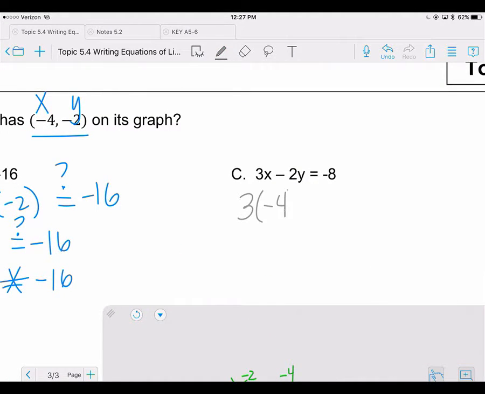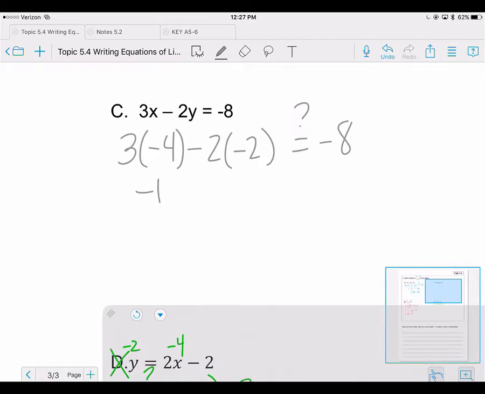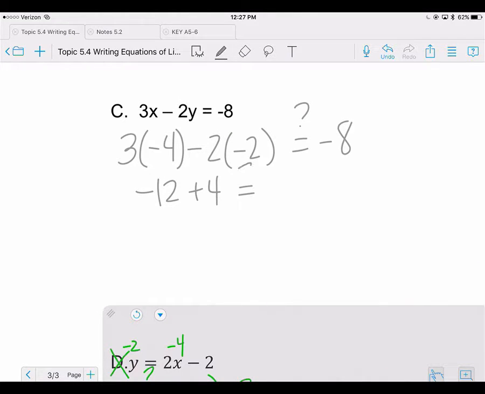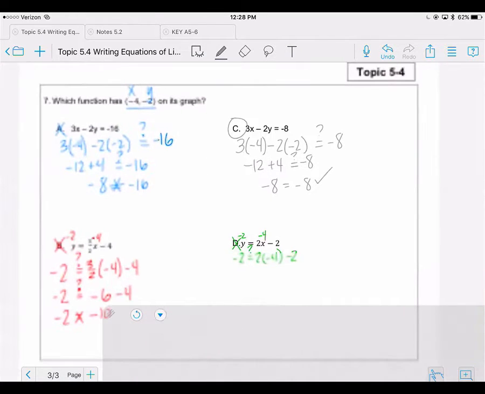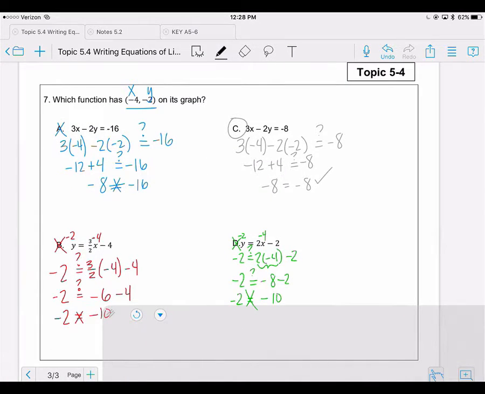So negative 4, negative 2, does this equal negative 8? So negative 12 plus 4 is negative 8, which does equal negative 8, so C is my correct answer. Now, another thing you could do is solve all of them for y and put them on a graph, but this is an easier way to talk about the graph without actually graphing if we don't have a graph.